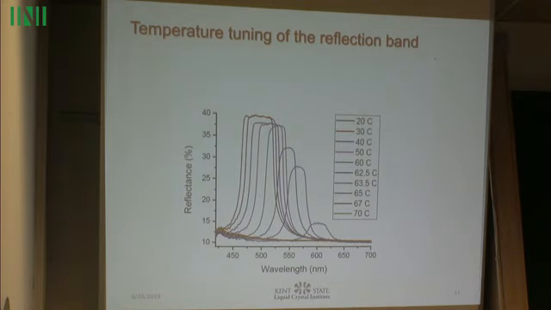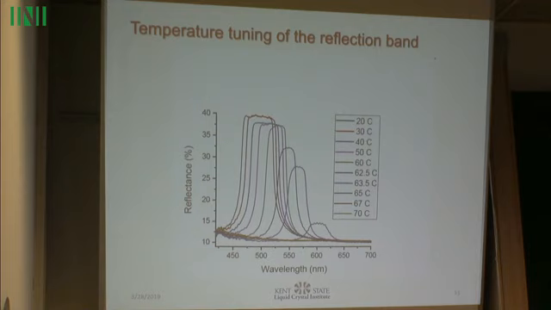So as I said, in the dielectric constant, we have the order parameter everywhere. And if you change the temperature, as you see on the slides of S versus T, you change the order parameter, you change the dielectric constant, you change the refractive index, and you can change the reflection band. Now, it's not particularly good because it's not very accurately controllable, and also the amplitude really changes a lot.